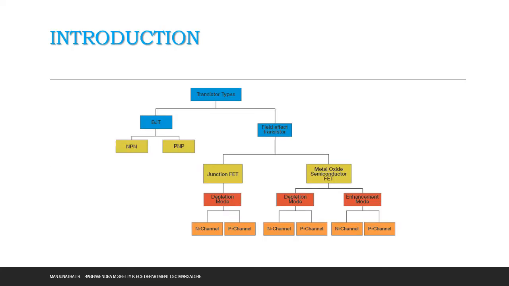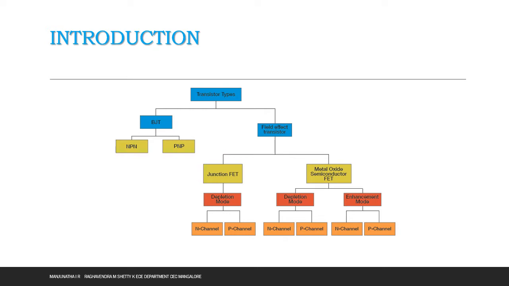Next, from this slide, we can understand different types of transistor. From the beginning, we can observe that transistor basically has two different types, BJT and FET. BJT stands for bipolar junction transistor and FET stands for field effect transistor.